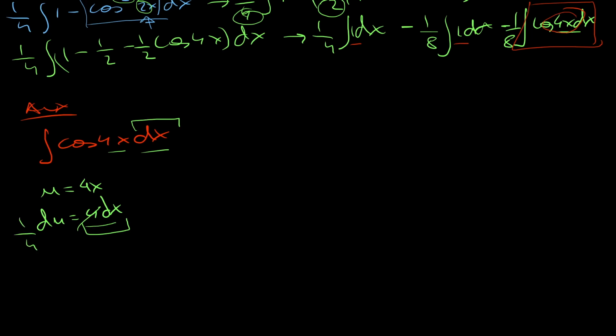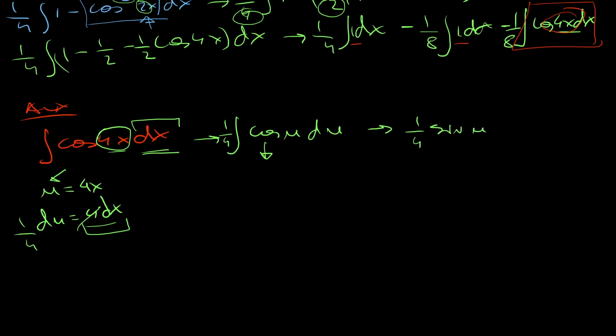Now we can solve the expression, because cosine of 4x is cosine of u, and dx is 1/4 of du, so the 1/4 comes outside because it's a constant. We can solve this because the integral of cosine is sine, so the resulting expression is 1/4 sine of u, and going back to the initial expression, the resulting term is 1/4 sine of 4x.